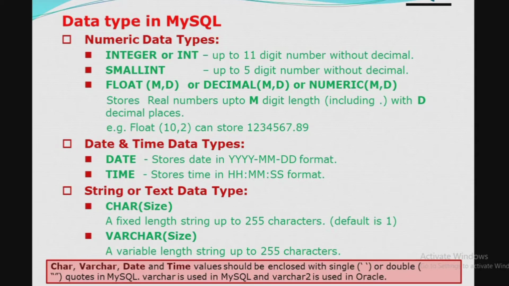One is character, second one is varchar. Character is of fixed length and varchar is of variable length. Character is used to store up to 255 characters and default is 1. Varchar is used to store 255 characters.